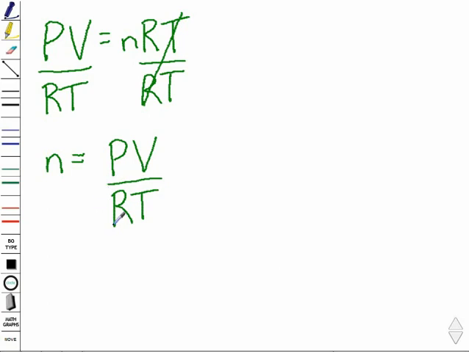Because the constant R uses the unit pascals instead of kilopascals, we need to convert our pressure from kilopascals to pascals. Our converted pressure is 101.3 times 10 to the third pascals.